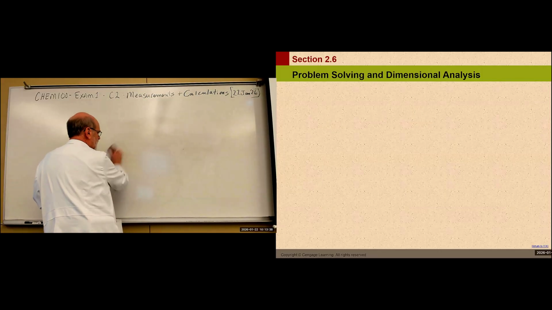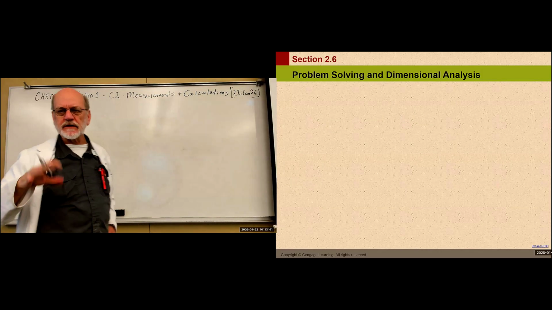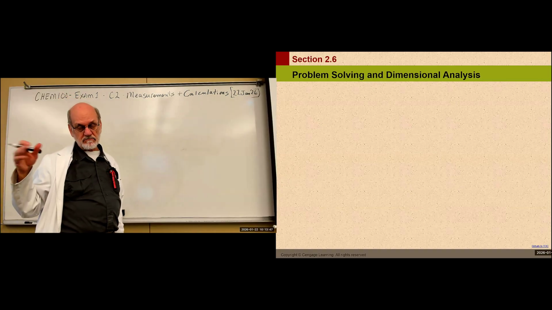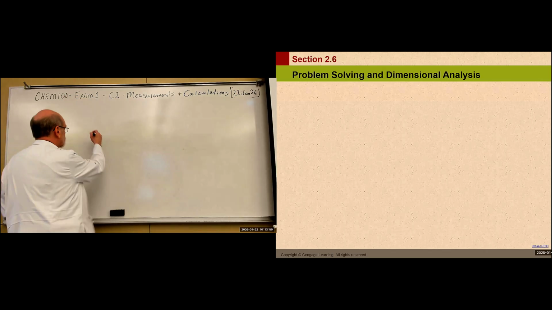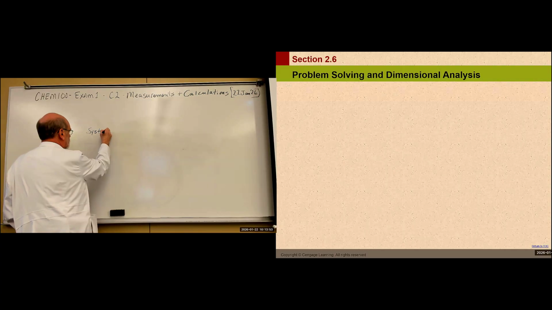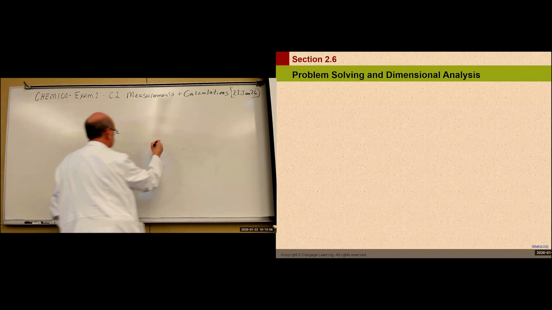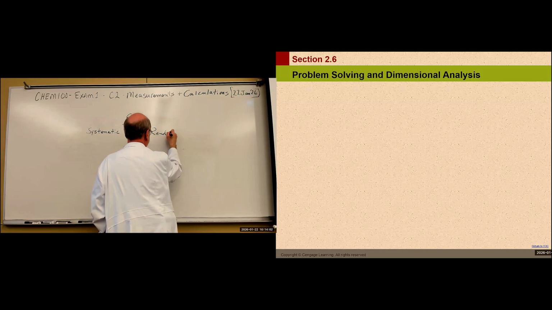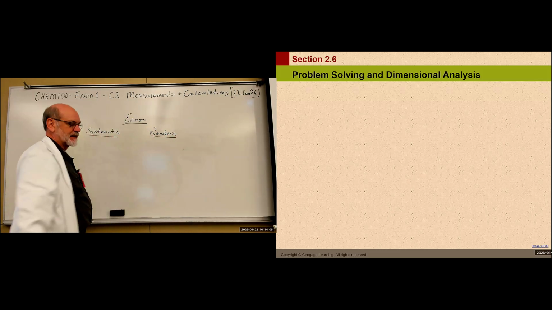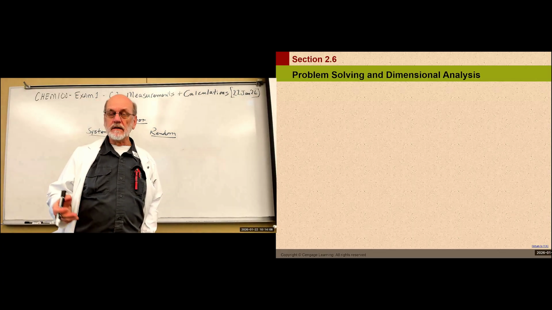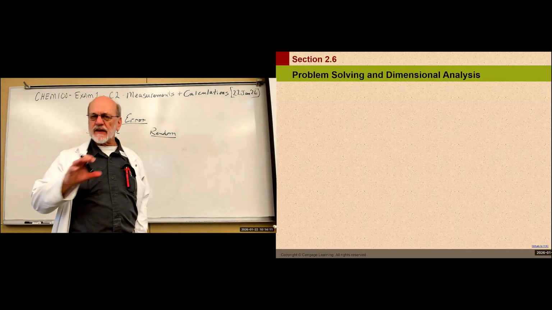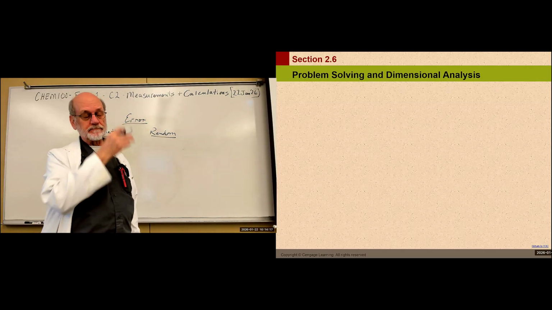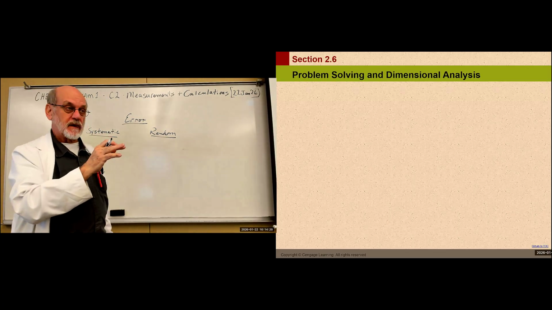Before we get into dimensional analysis, let me talk about the different types of error. There are two types of error in any group of measurements. There's what we call systematic error and random error. Systematic error is like that rifle that you're trying to sight in with your telescopic sight.